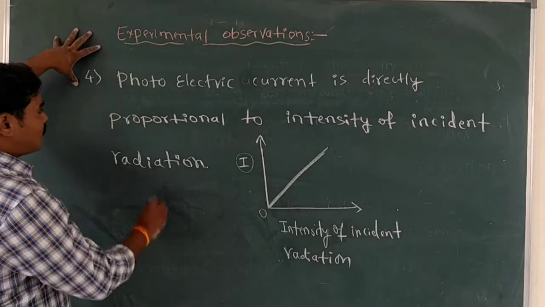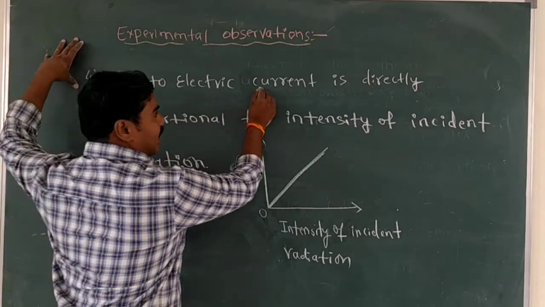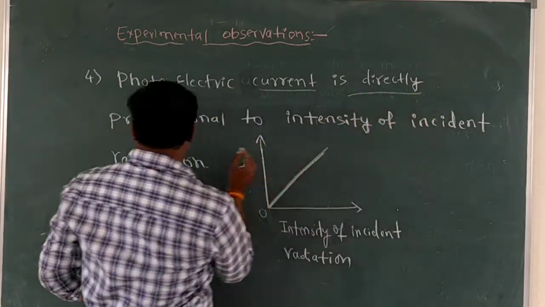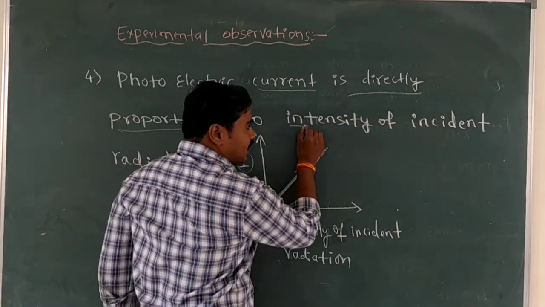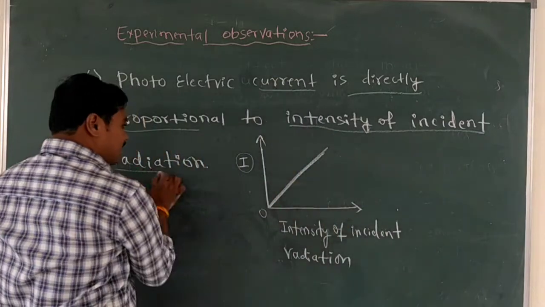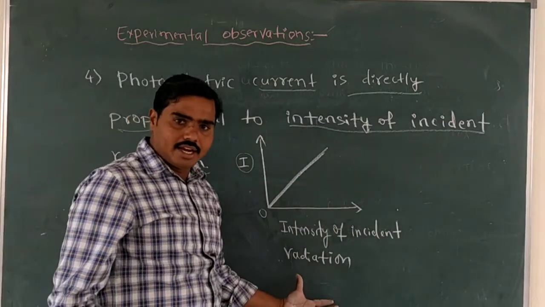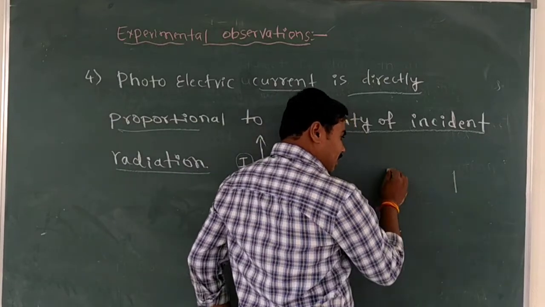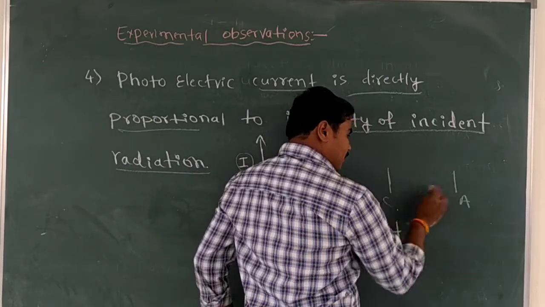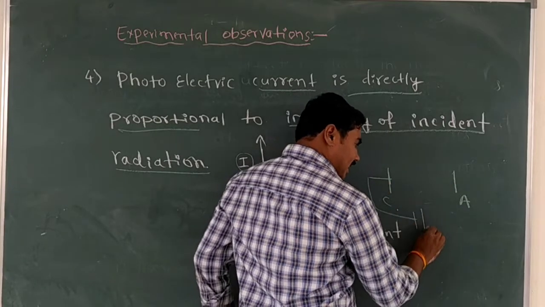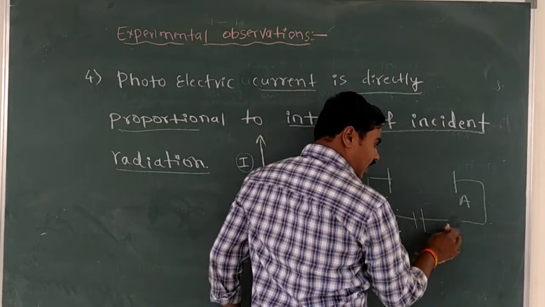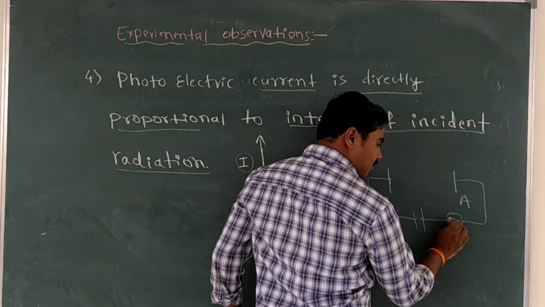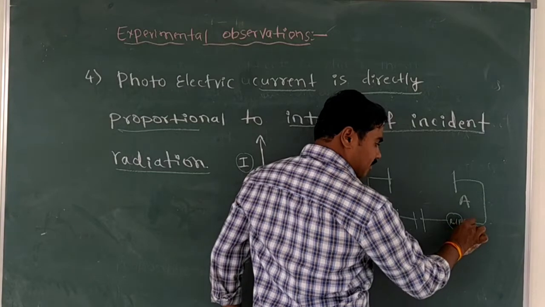Observe here, the photoelectric current I is directly proportional to the intensity of incident radiation. Here the cathode and anode plates are connected to a battery, which is again connected to a galvanometer or microammeter.